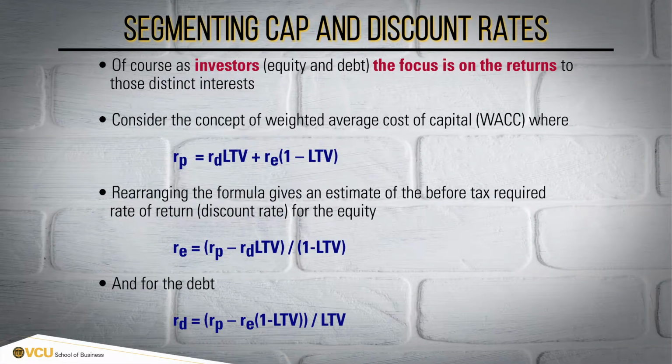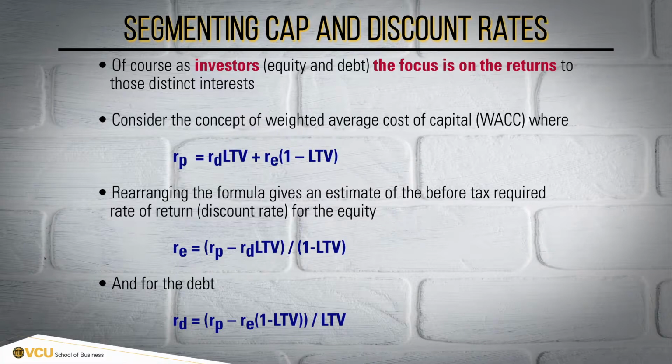Sometimes it's important to be able to take the cap rate and/or the discount rate and segment it. In the case of a parcel of real estate, we basically, in short, have two primary interests: equity and debt. Debt, for the moment, we'll say, has a fixed rate of return, right?